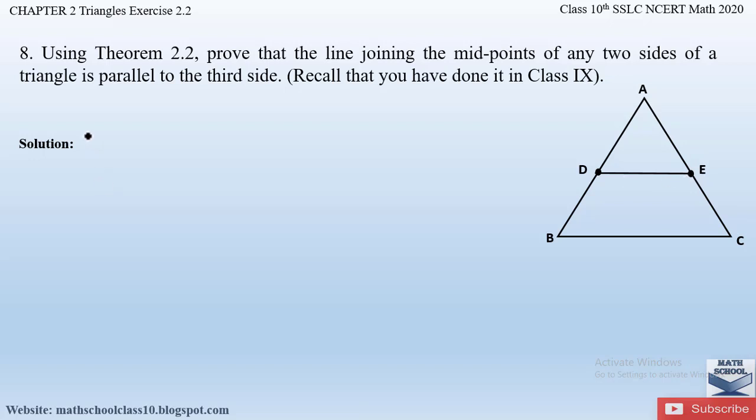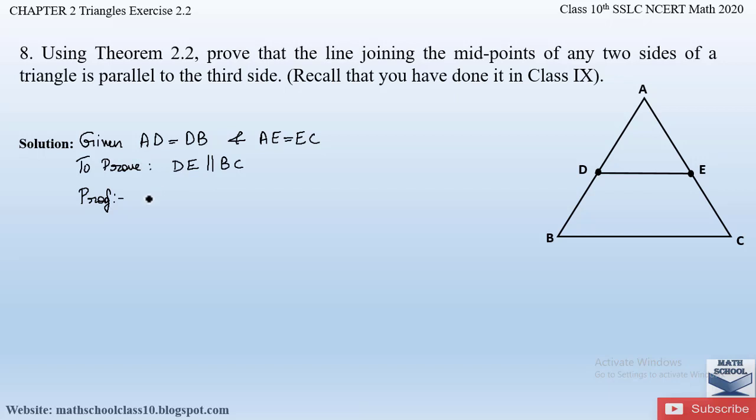So let us write down, given: AD is equal to DB and AE is equal to EC. And what we have to prove? We have to prove that this line DE is parallel to the third side, that is BC. So, to prove: DE is parallel to BC. Now let us write down the proof.